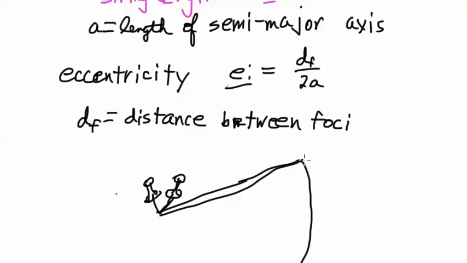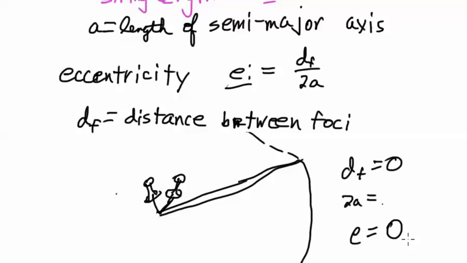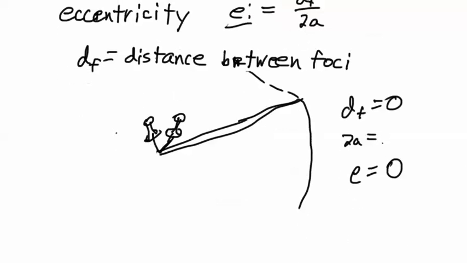The distance between the foci would be 0, and 2a would be the diameter of the circle. So basically E would be 0. So eccentricity 0 represents a perfect circle.